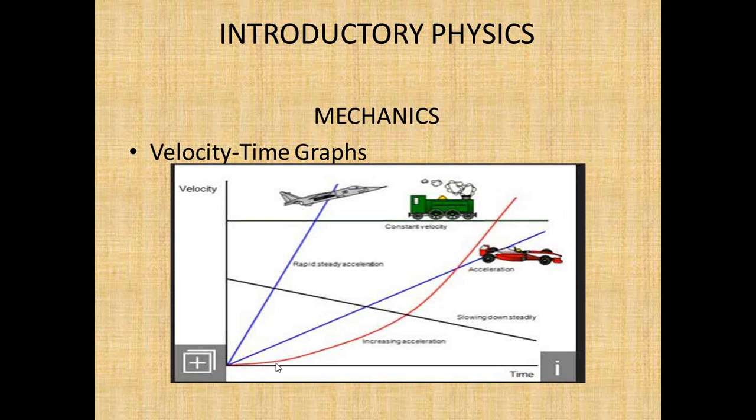It is a positive curve because it curves this way. But look at the slope. You can do the slope at each point, and the slope actually gradually increases. So this is increasing acceleration. Again, the slope of the velocity time graph tells you about acceleration.